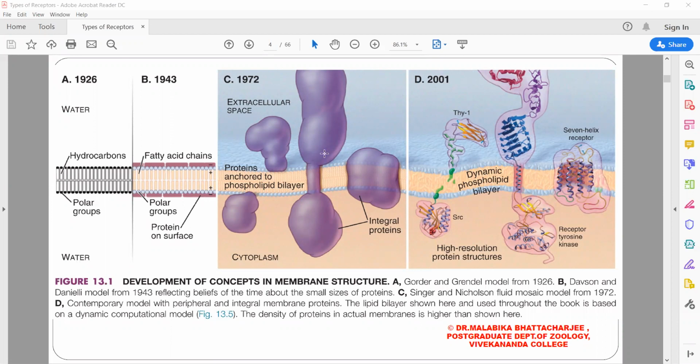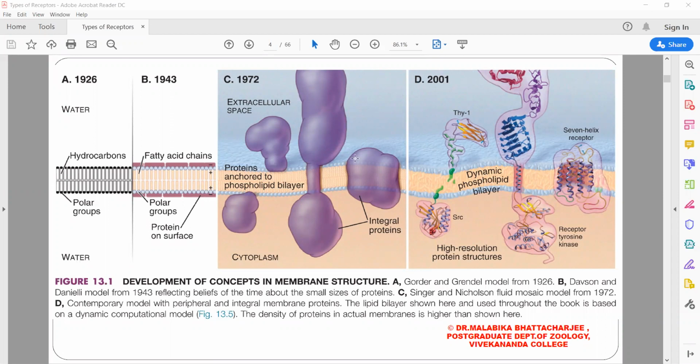The proteins are dispersed within the membrane. The proteins may be peripheral, that is, they are attached to one surface of the membrane, either the outer surface or the inner surface. And you can see the proteins are transmembrane, that is, they pass through the membrane also.